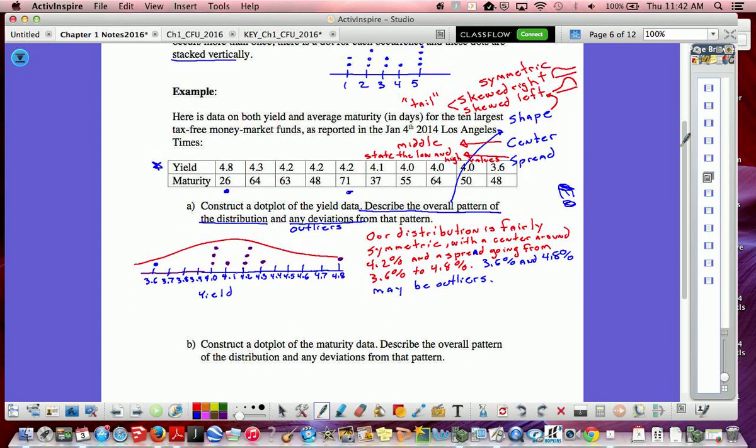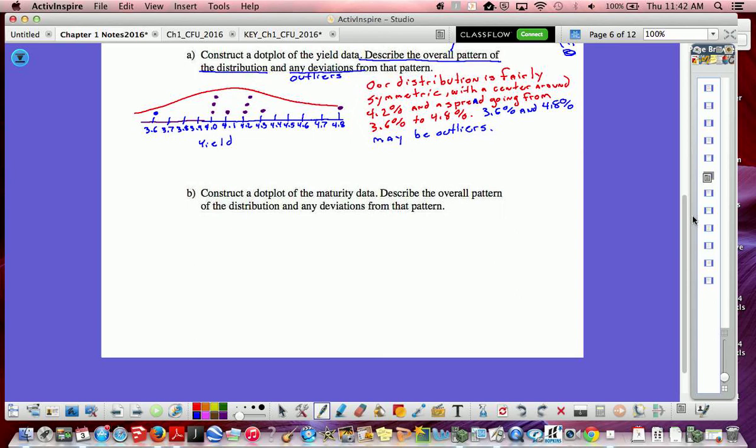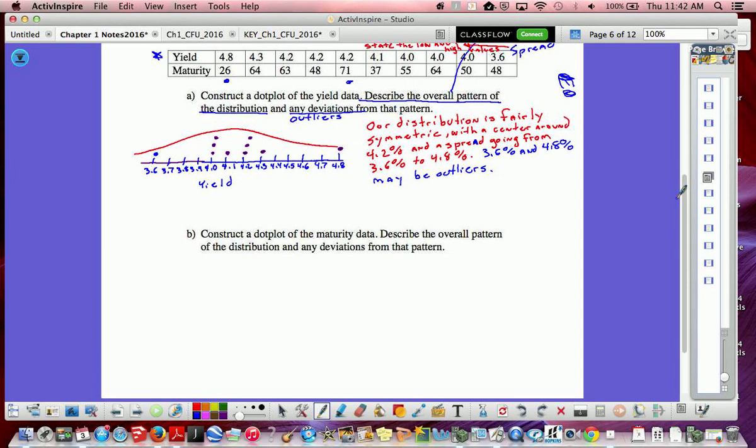Alright. So, whoa, I didn't want to go that far. So 26 to 71. Now here's where doing the dot plot, if 26 to 71, I've got to write like 50 numbers. Writing the 50 numbers might not be the greatest thing to do.